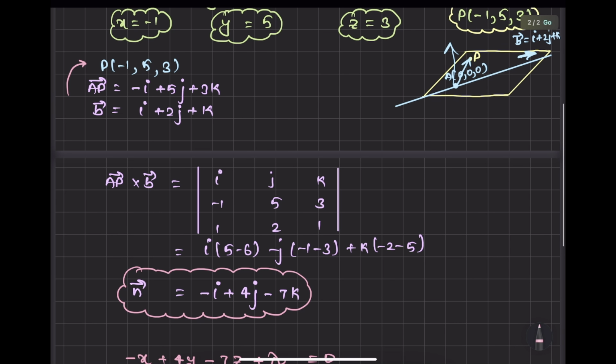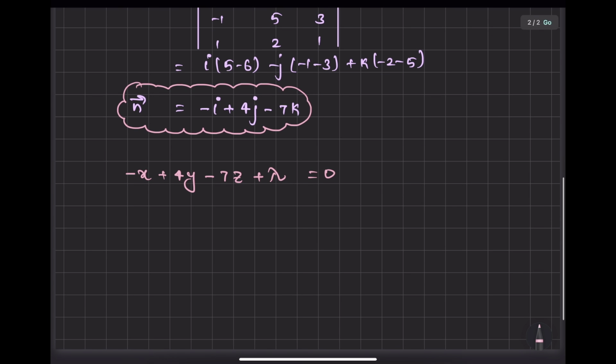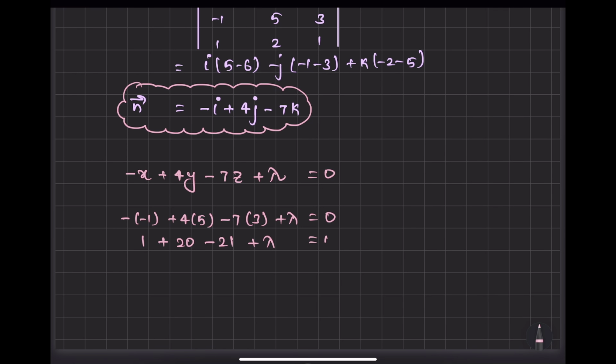By substituting the point, that is (minus 1, 5, 3). So minus 1 plus 4 times 5, then minus 7 times 3, plus lambda equals 0. So it is 1 plus 20 minus 21 plus lambda. If you solve this, you get lambda to be 0.